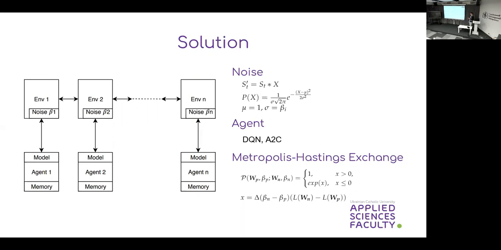It means that this agent has found some better local optimum, and the agent with lower noise should exploit this area. Otherwise, we have some probability that is scaled by the hyperparameter delta that we can tune to find the best exchange rate that we need here.